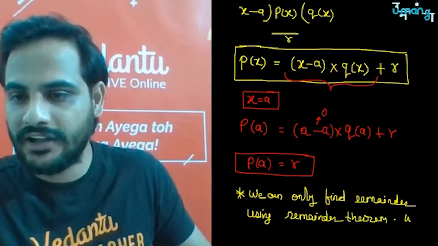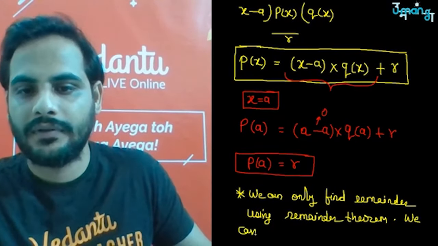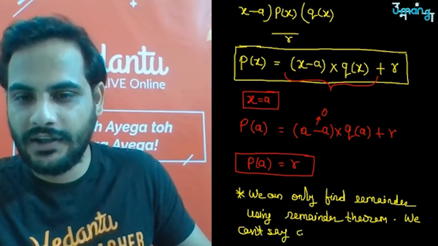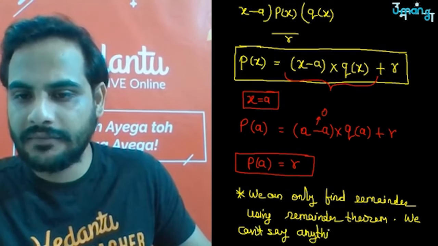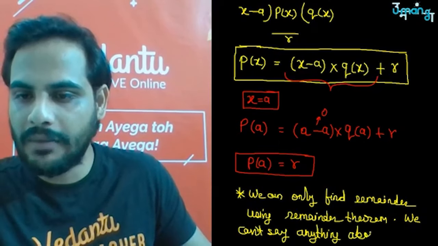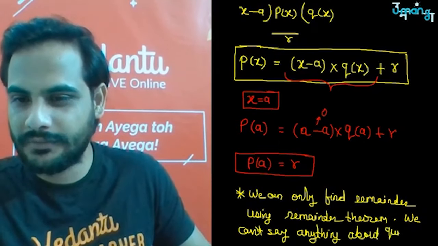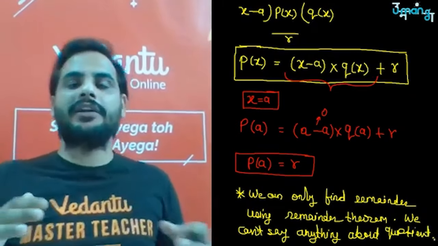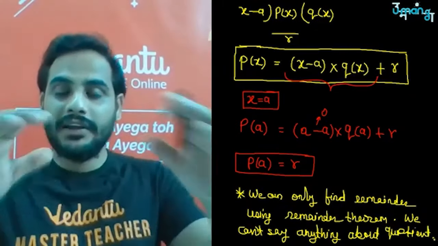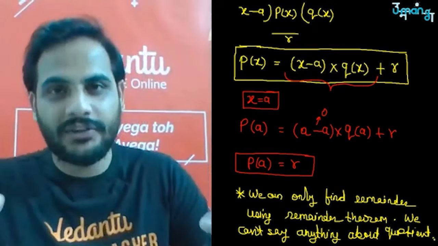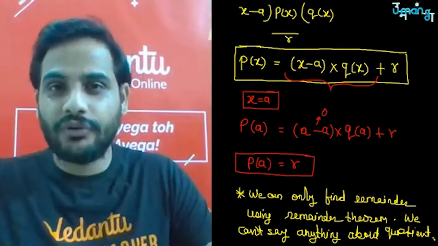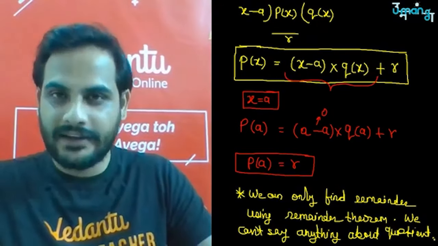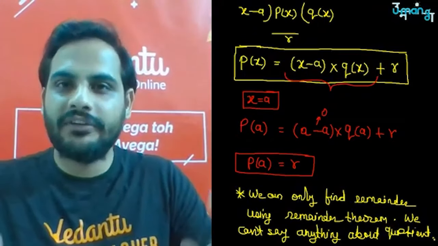We cannot say anything about the quotient. So if the question is asking only about the remainder, then you will use the remainder theorem. If it is asking about the quotient also, in that case you have to go for the long division method.